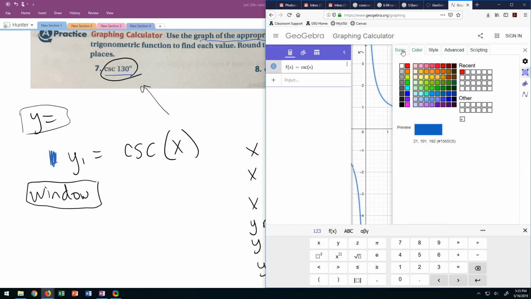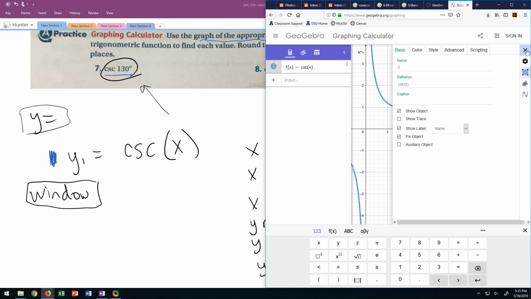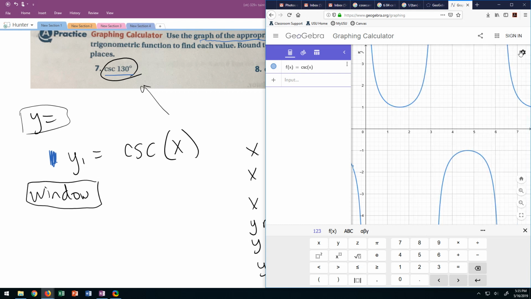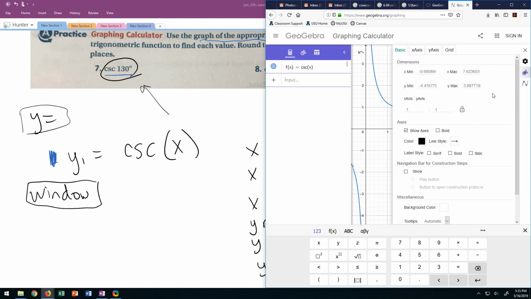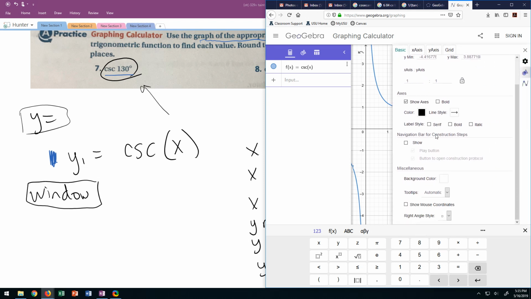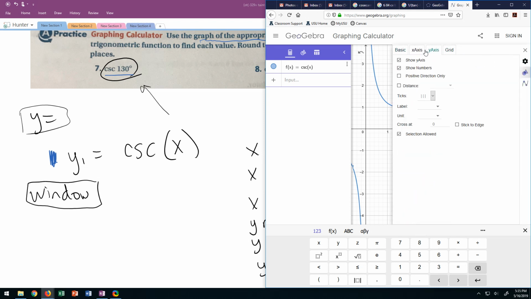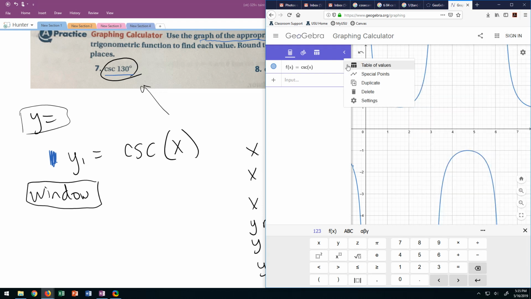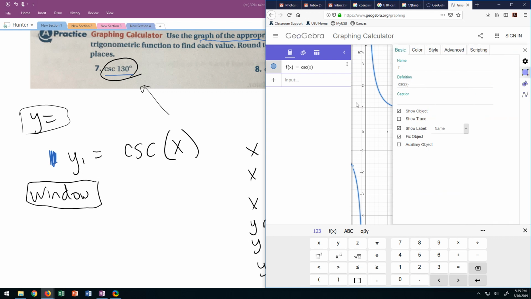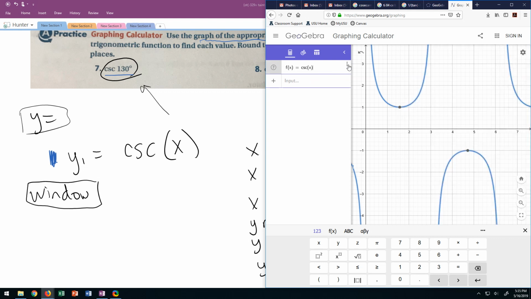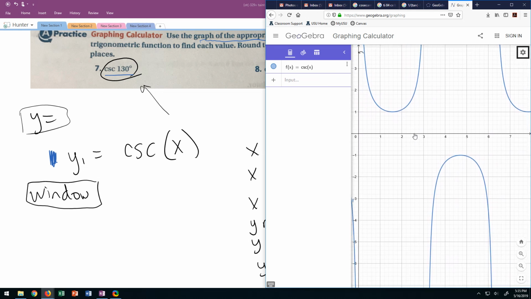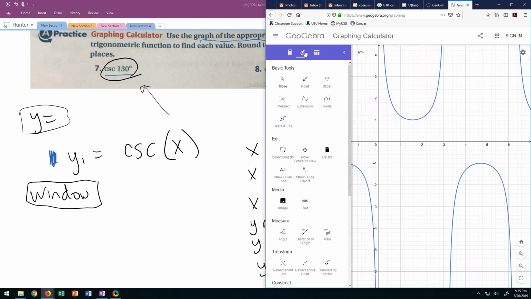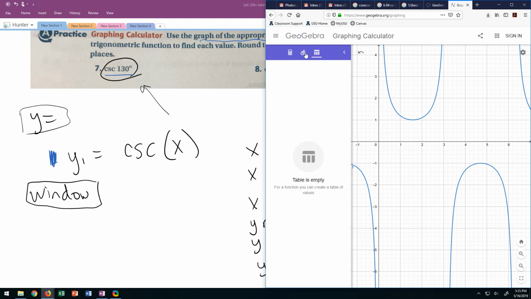Well, geez. Okay. Settings. I don't even know if I can do this. I don't know how to switch it to degrees. I'm sure you can, I just don't know how, which is unfortunate.